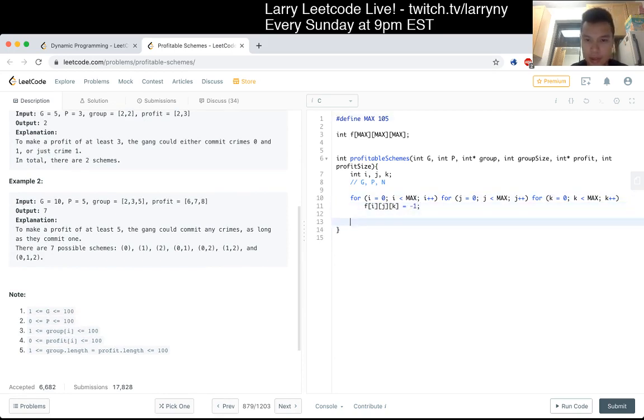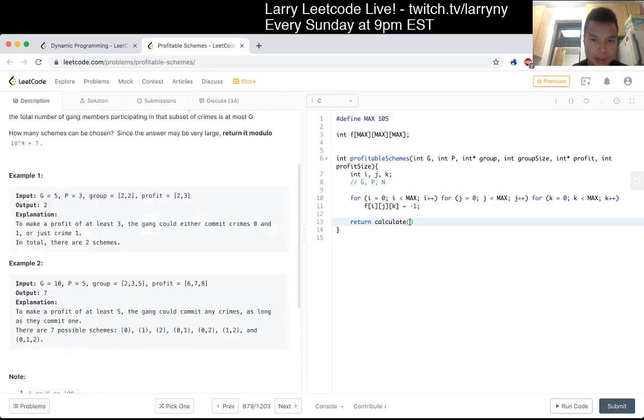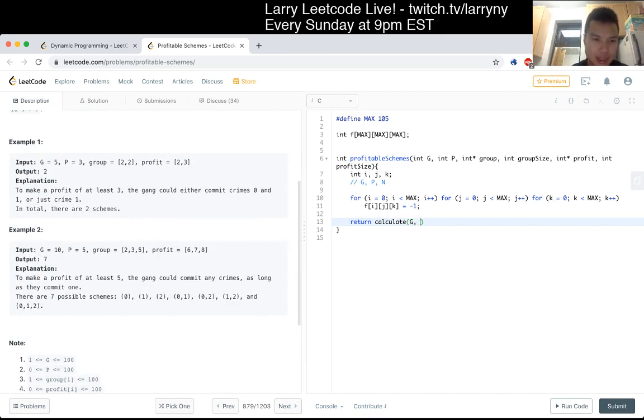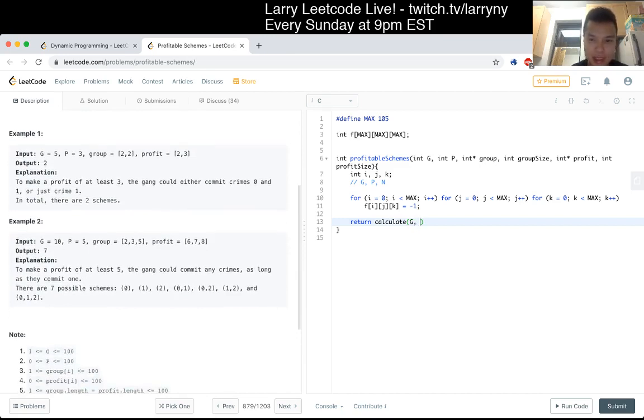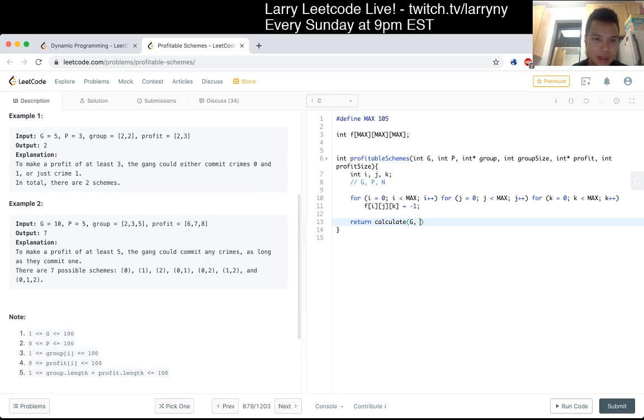It's just initialization, but okay. What am I calculating for? Just T again, G people now. Okay, let's calculate how many ways, given that your requirement is P, and you start with none of the crimes.